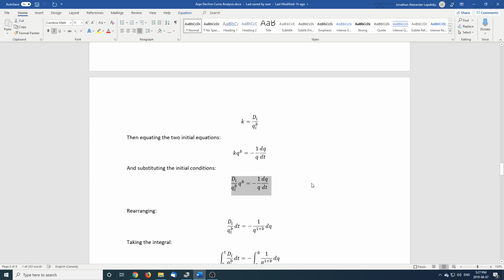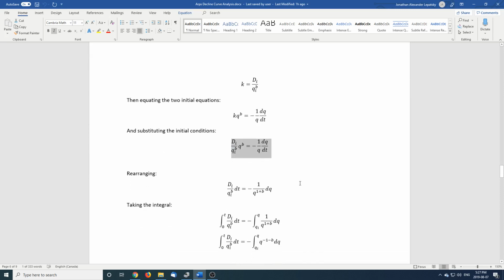And now we're going to rearrange it to do our integral just as before. So we multiply both sides by dt to get dt up on this side. And we also have to get the q onto this side, because you need all the same variables on that side. So if we divide both sides by q^b, then on the bottom you're going to have q times q to the power of b.